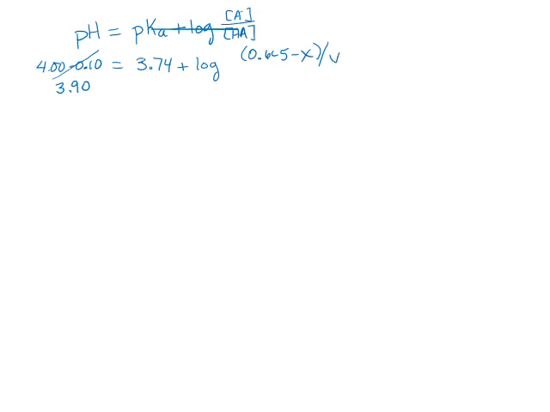We don't really know what the total volume of the solution is going to be because we don't know how much of the acid solution we're actually adding. So I'm just going to use VT to represent total volume. It's going to be the 1 liter plus some amount of the acid that we're adding. What we're going to see is it's going to drop out anyway, so we don't have to worry about it.